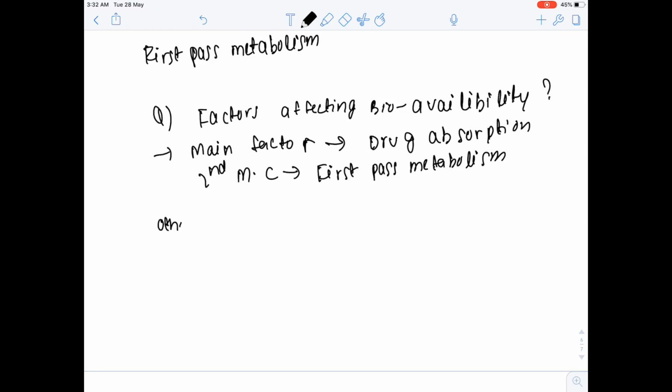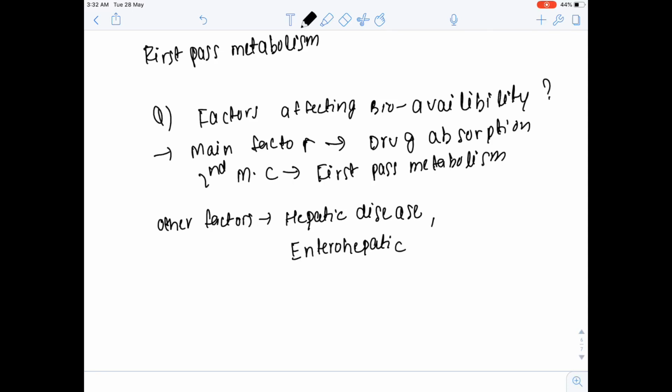Other factors are hepatic disease. In hepatic disease, the liver does not metabolize the drug, so the concentration of the drug will increase in the body. Therefore we have to decrease the dose of the drug. And the other factor is enterohepatic cycling.